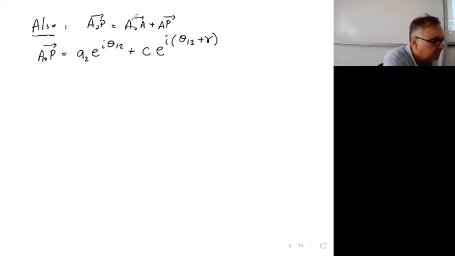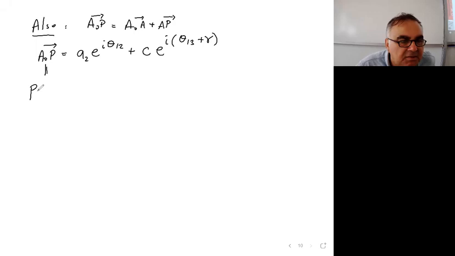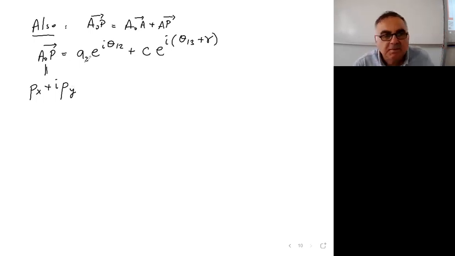And we can write this as, if you like, A0P is the x coordinate of P plus I times the y coordinate, which you can write as Py. After the equations are solved, this part is known.